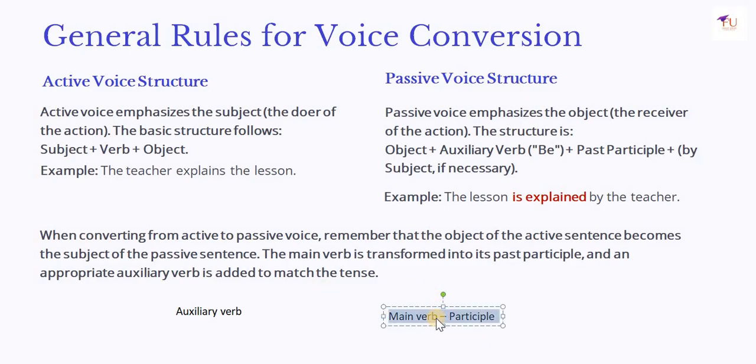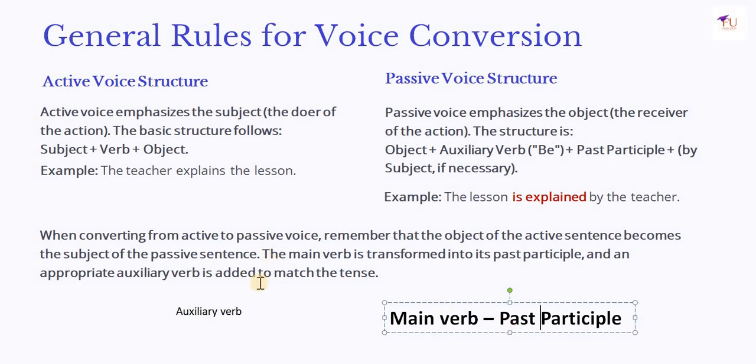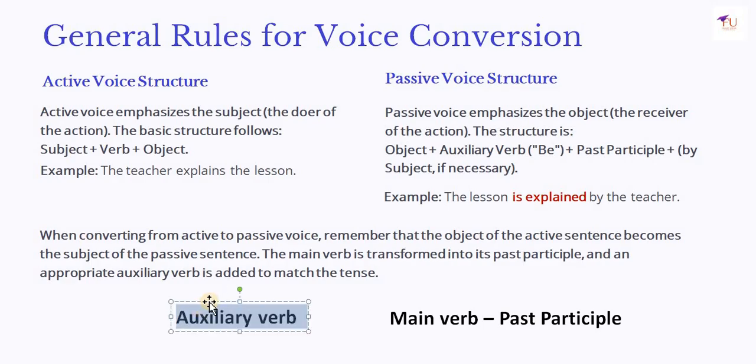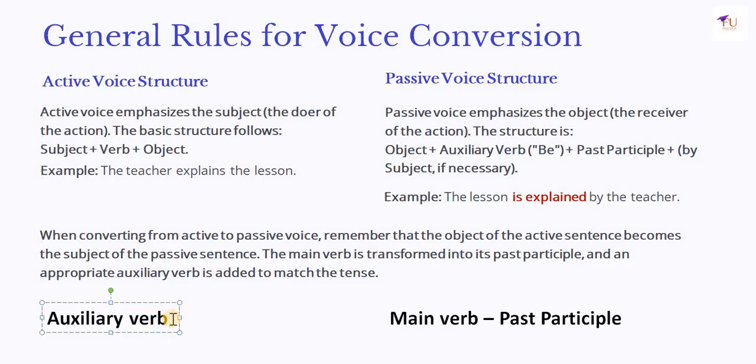You can say past participle means third form. The main change in active and in passive voice is that the main verb will be in past participle form, while the auxiliary verb will follow the proper pattern of various tenses. The auxiliary verb will follow the tenses.